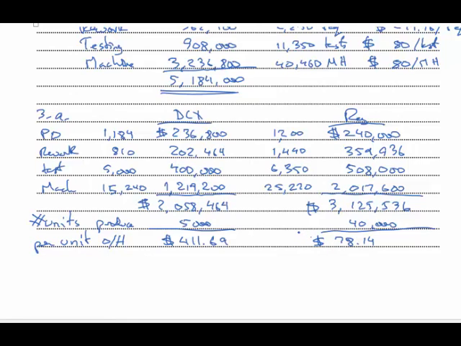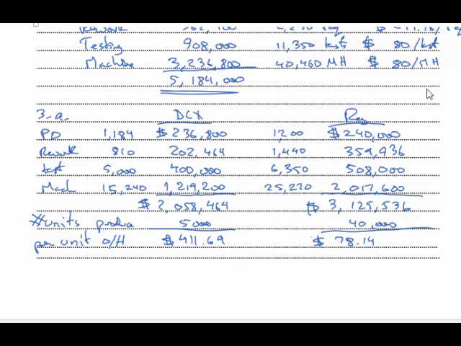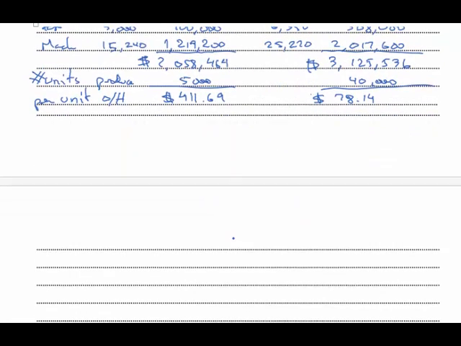and so now we can create or calculate our product costs again. So for the deluxe and the regular, direct material we said was 150 and 112.